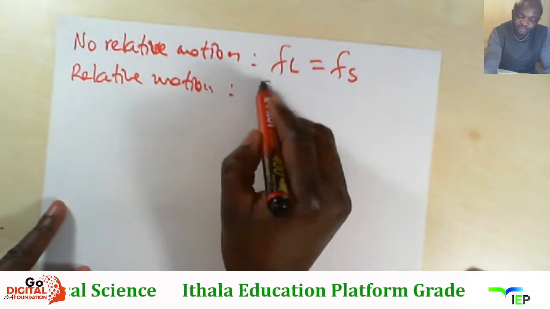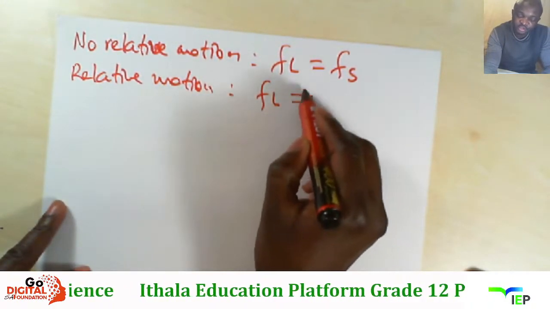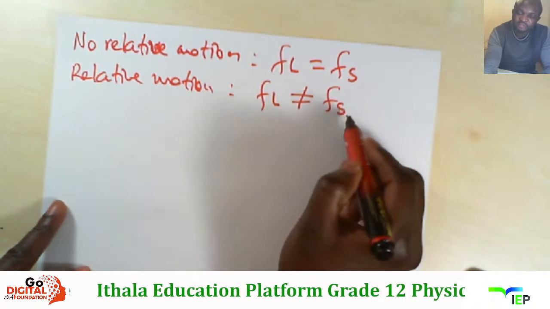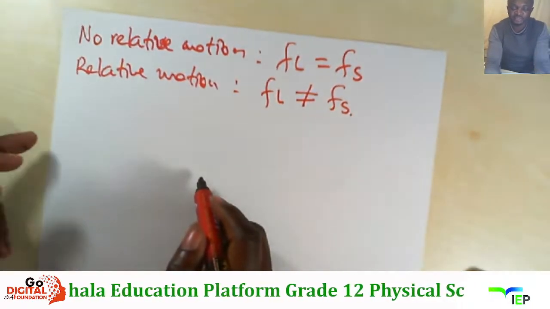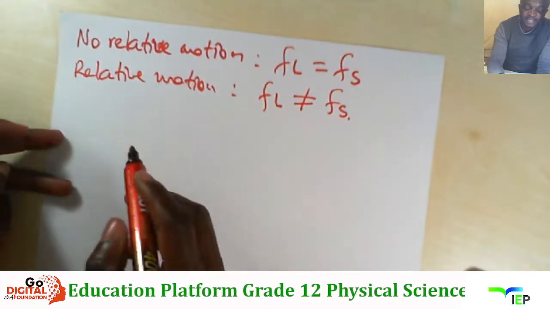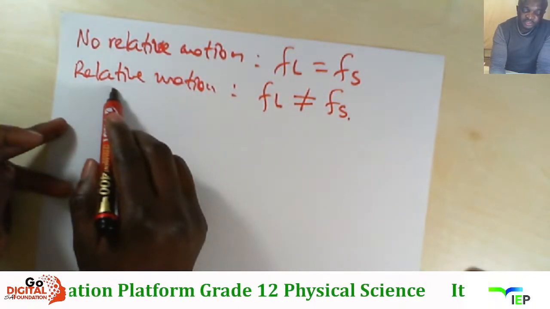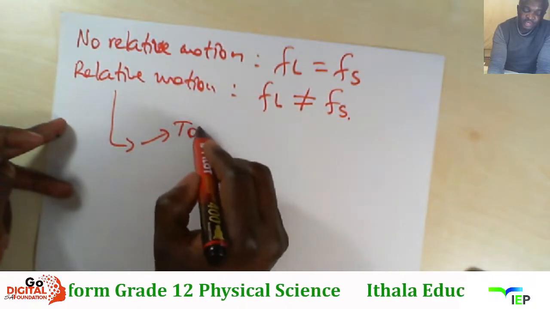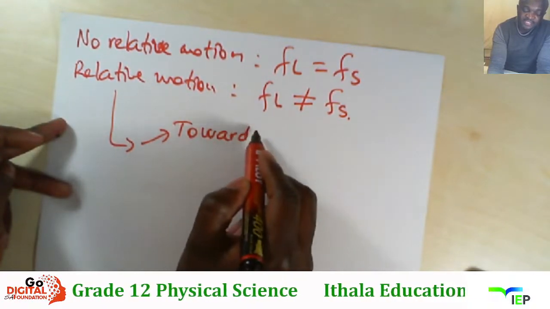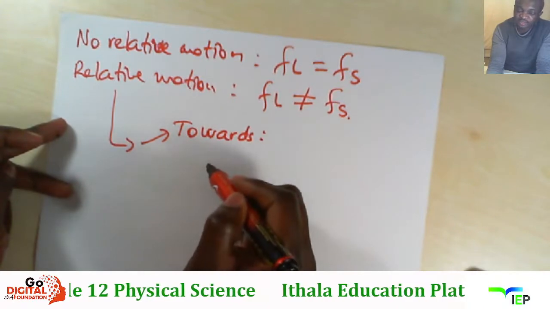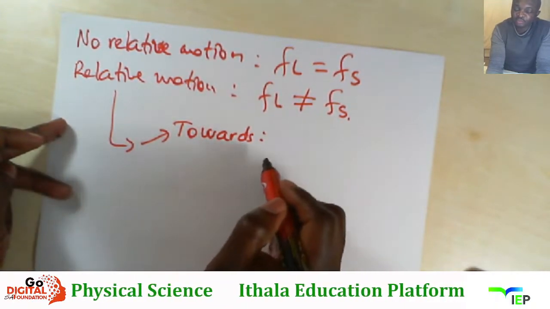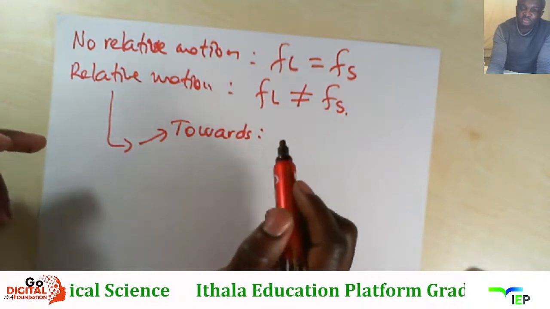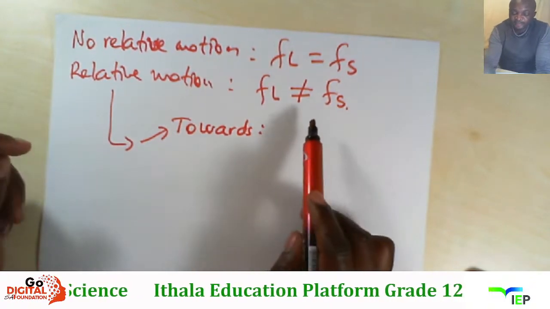With relative motion, the frequency of the listener is not equal to the frequency of the source of the sound. Then, with relative motion, there are two possibilities: they move toward each other, so it can be a listener moving toward the sound, or a sound moving toward the listener. So you must understand this at this point.